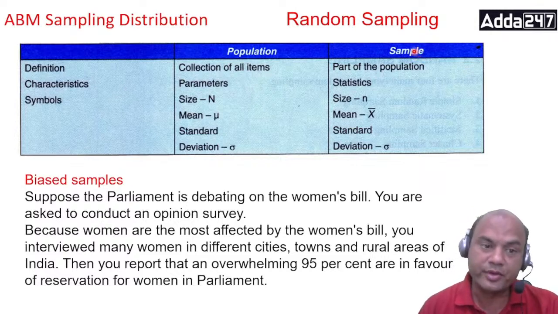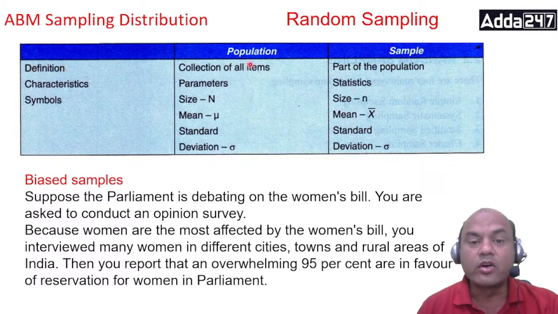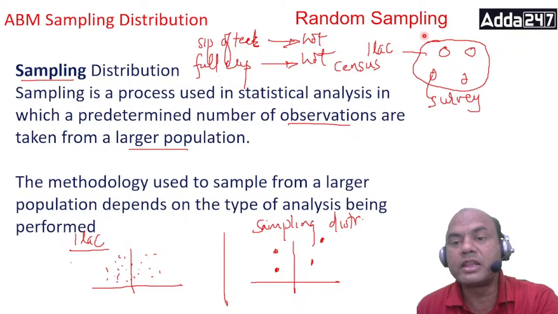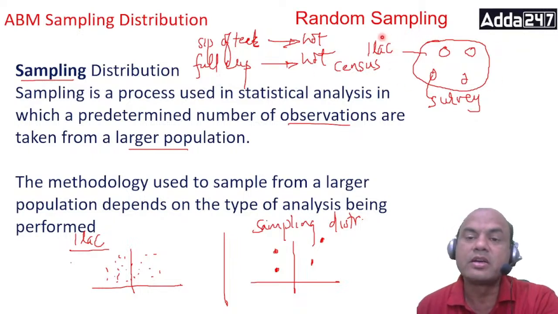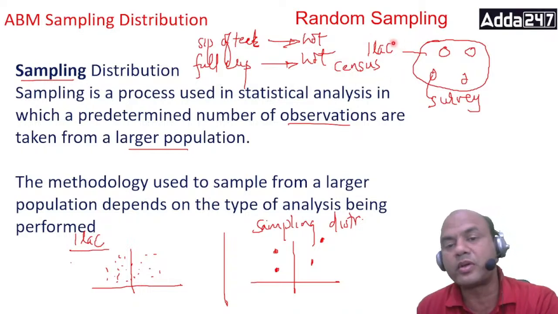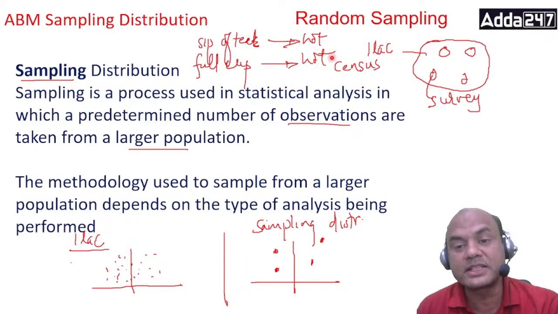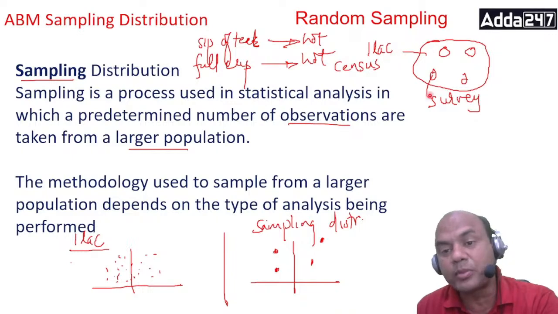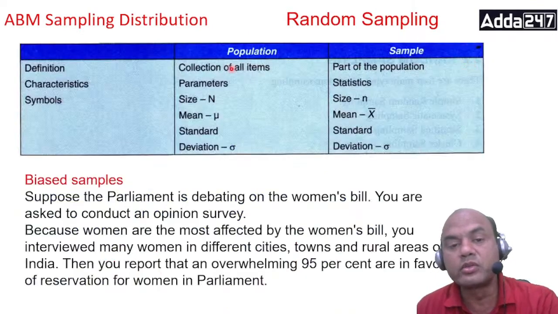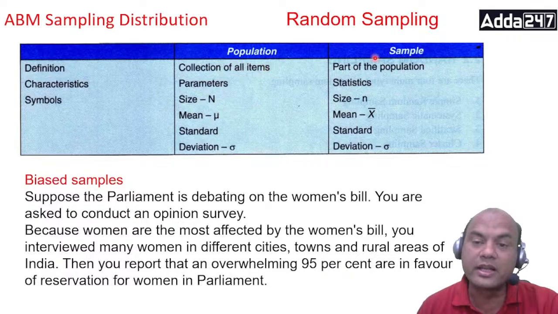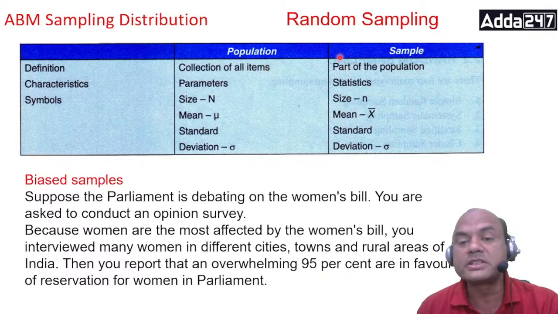Definition of population: collection of all items, the full population. Suppose 1 lakh persons is the population of a city. If I do a survey of the full population, it will be called a census, and this is known as population. The sample is part of the population, some part.